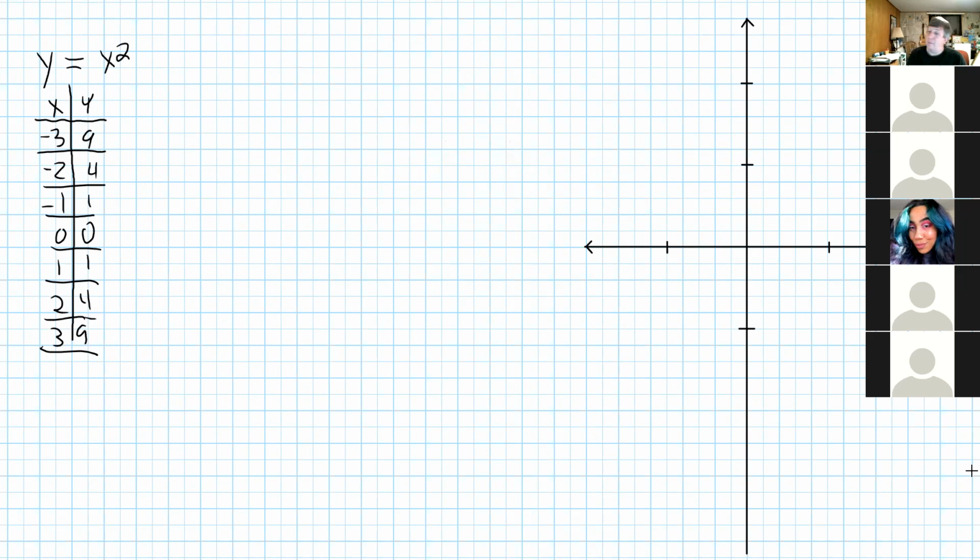I'm just copying the same table we had before, and that picture looked like this.